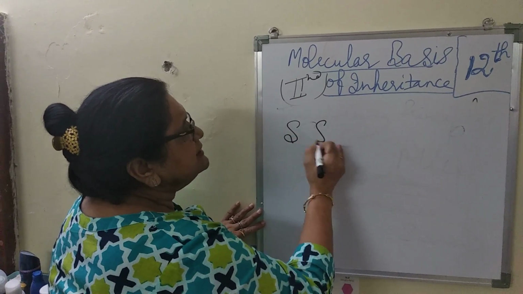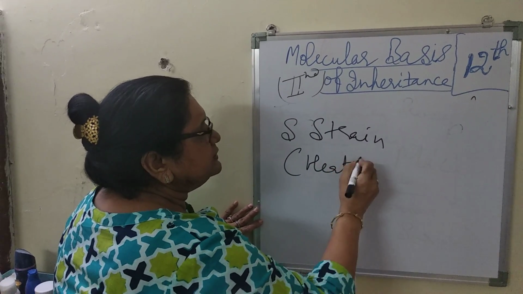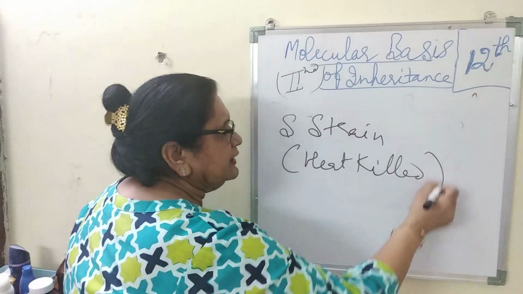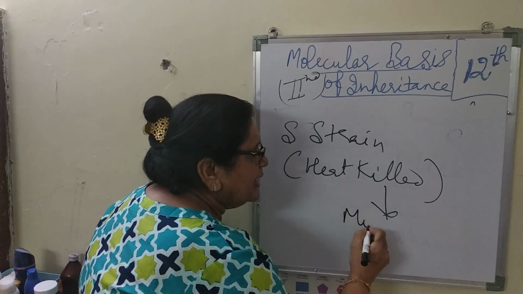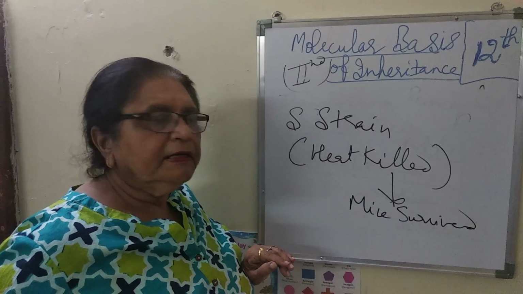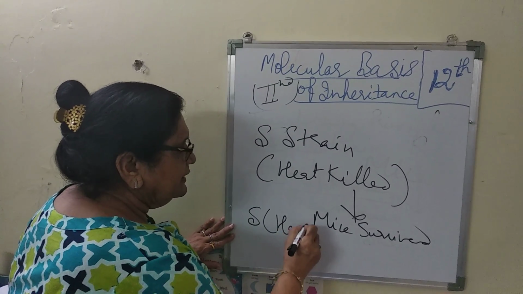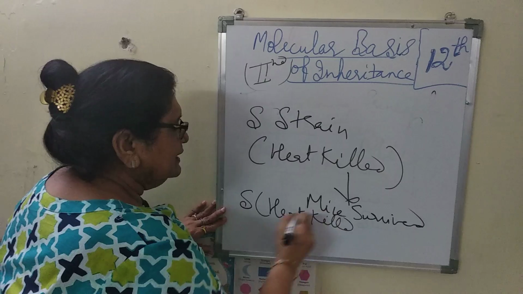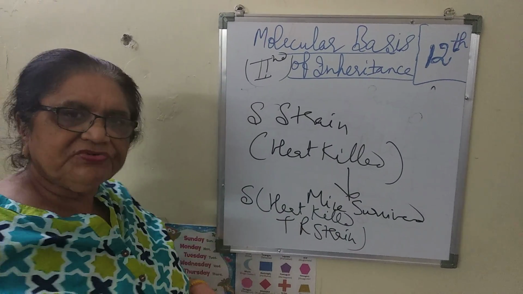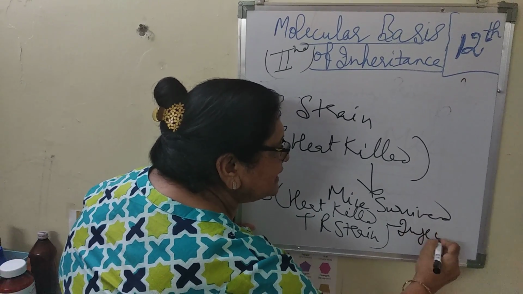Then the third is the S strain but heat-killed. He found the mice survived. Next, the heat-killed S strain plus R strain was injected.